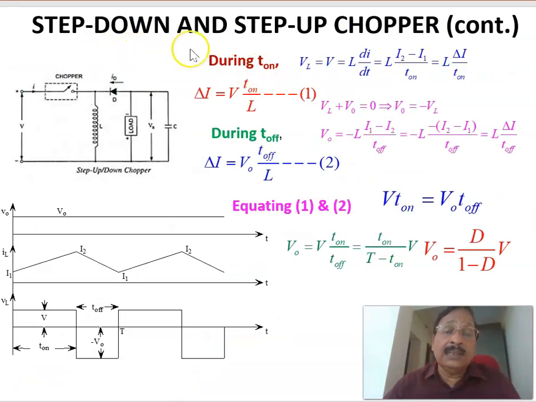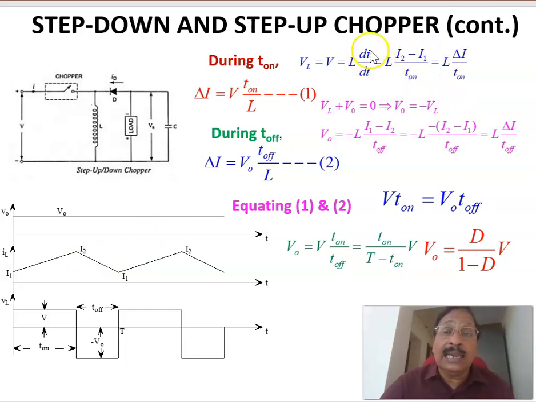Now let us derive the relation between output voltage and input voltage, the conversion equation. During the T-on period, as we have seen, the voltage across the inductor equals V, which is equal to L di by dt. The current is building up from a certain value I1 to I2, so the current is increasing.